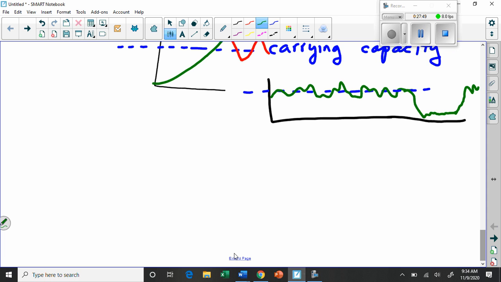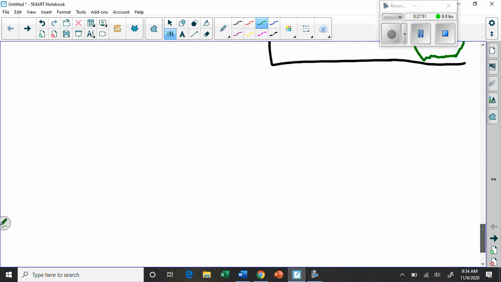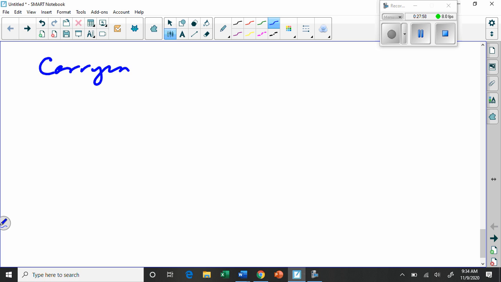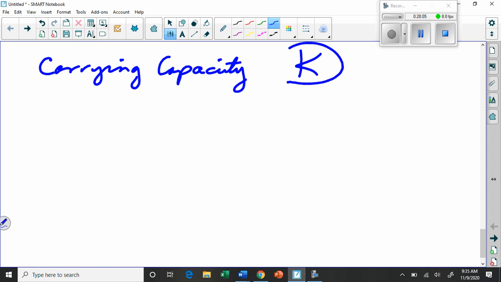So what we need to do is adjust our little formula from before to account for this carrying capacity. The carrying capacity is represented by a capital K. Okay? That's carrying capacity. I guess C has been used for too many other things, so you use a K to keep it from getting confusing. All right. So now what we do is we take the growth rate, which is dN/dt, right?